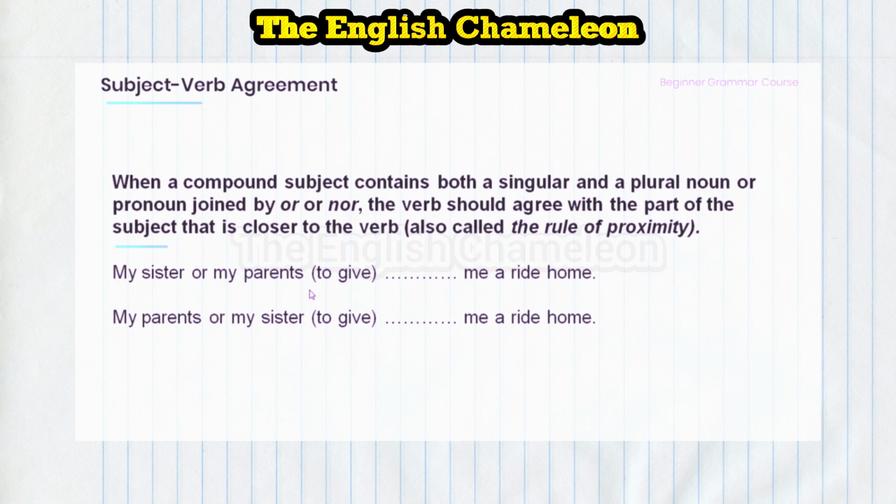My sister or my parents ___ to give me a ride home. My sister or my parents give me a ride home. My parents or my sister ___ to give me a ride home. My parents or my sister gives me a ride home.